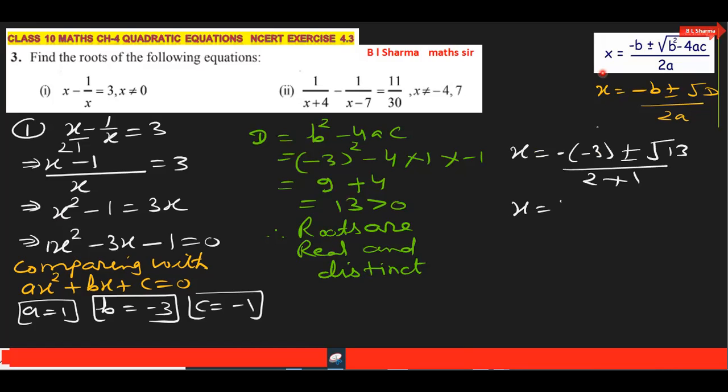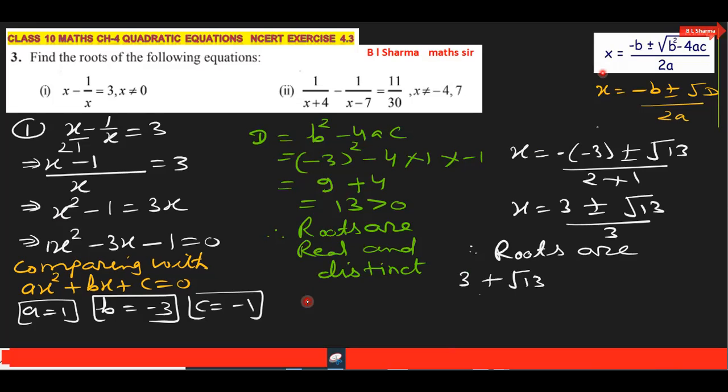So x is equal to 3 plus root 13 upon 2, and x is equal to 3 minus root 13 upon 2. Therefore, roots are 3 plus root 13 upon 2 and 3 minus root 13 upon 2, and this is आंसर ऑफ दिस वन.